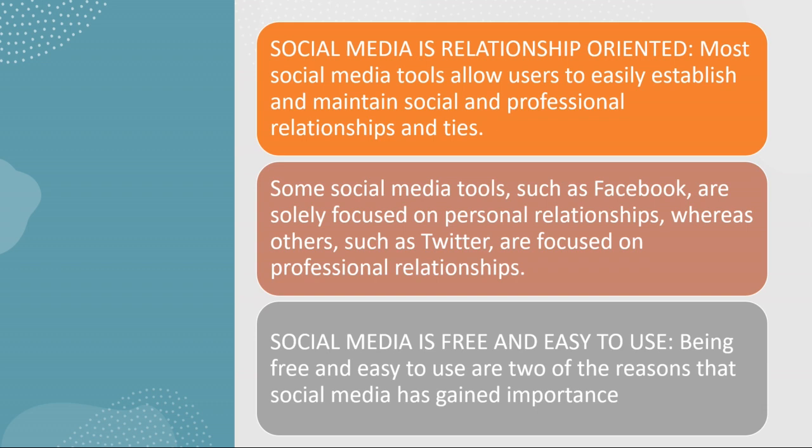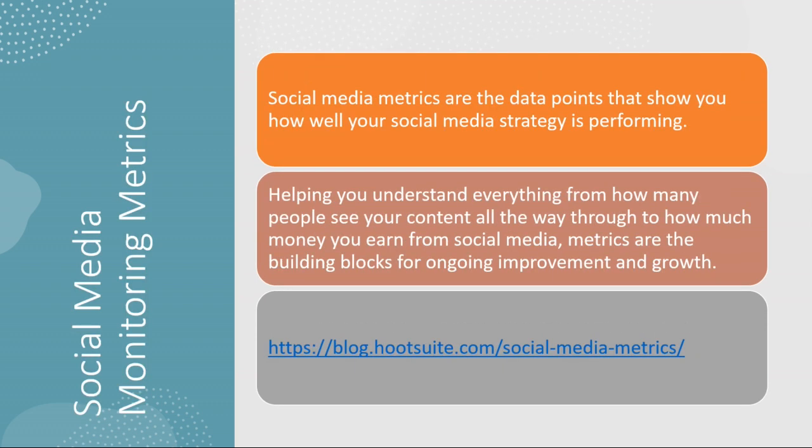So social media is free and easy to use. That means very easily a user can learn and understand how to use social media, and it's free on the internet. So that is also the reason why social media is gaining a lot of importance these days.